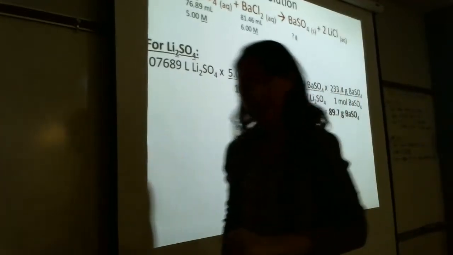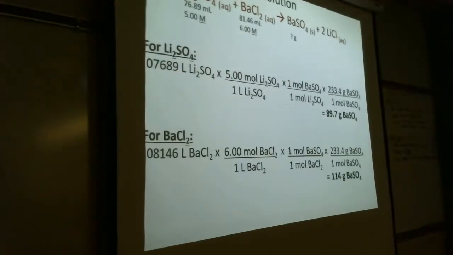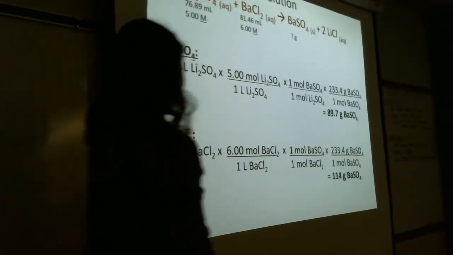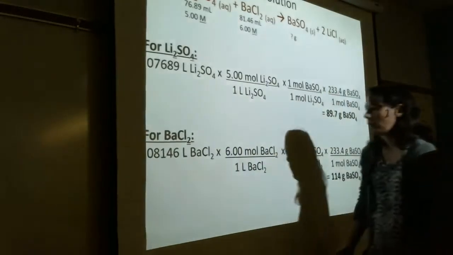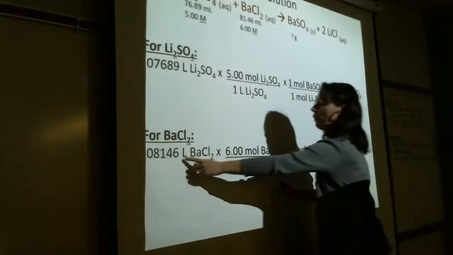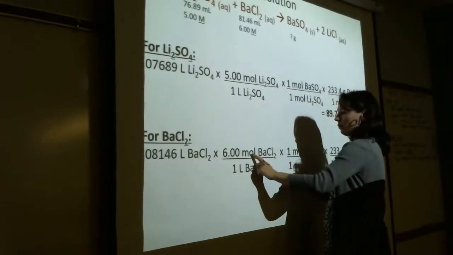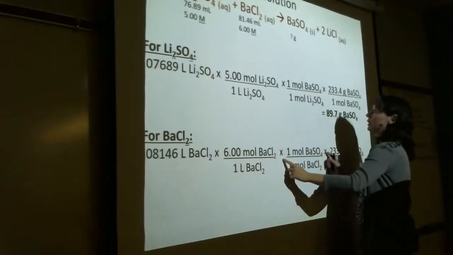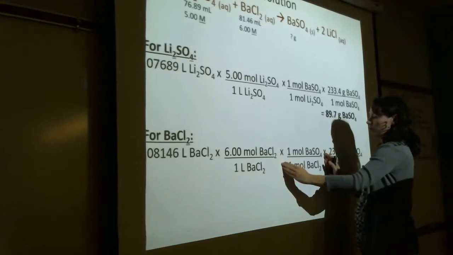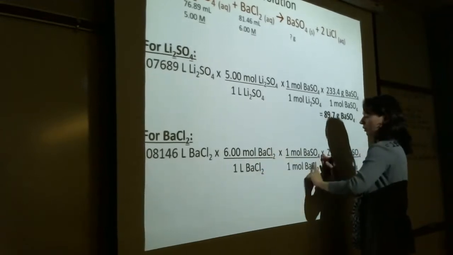We're going to do it again for my second substance, the barium chloride. Again, doing it as one big long calculation. Right, here's volume times molarity, so we're left with moles of barium chloride. Mole ratio here is also 1 to 1, so numbers do not change, only units. So barium chloride moles cancel.